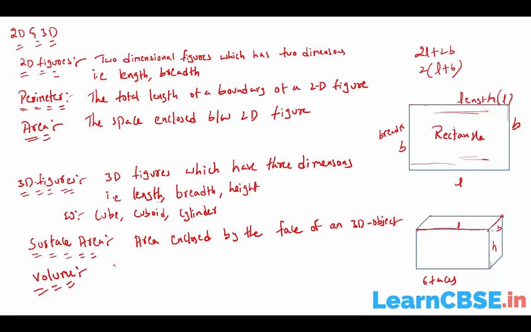Now here, the entire space enclosed within the three-dimensional figure is called volume. The same space in a two-dimensional figure is called area.